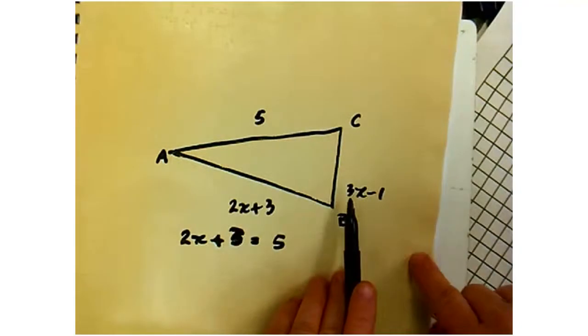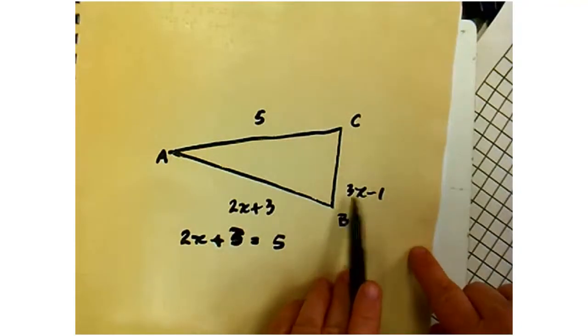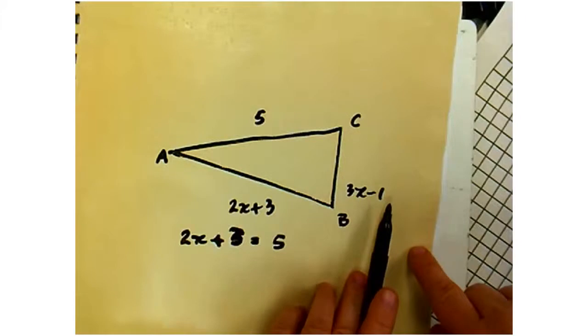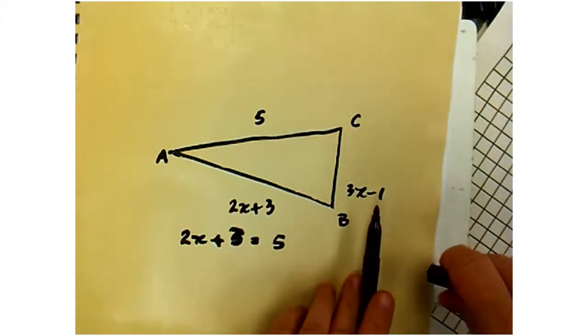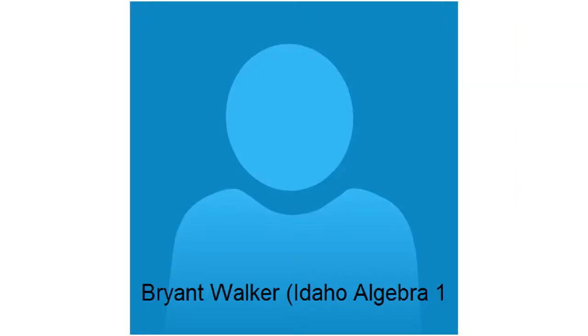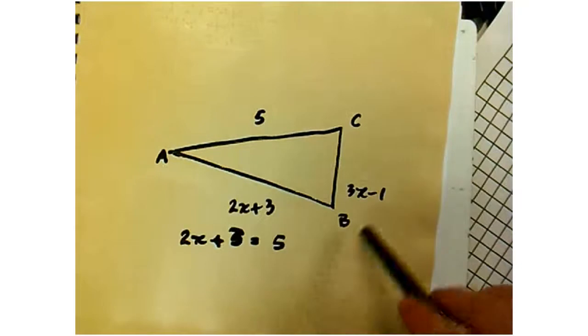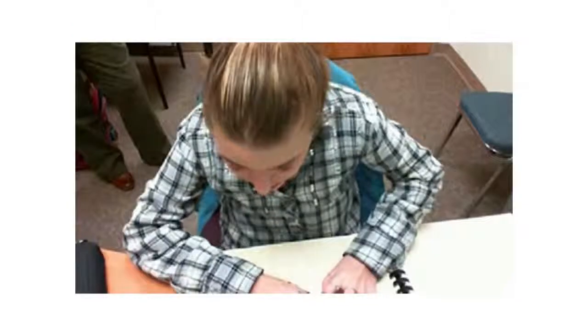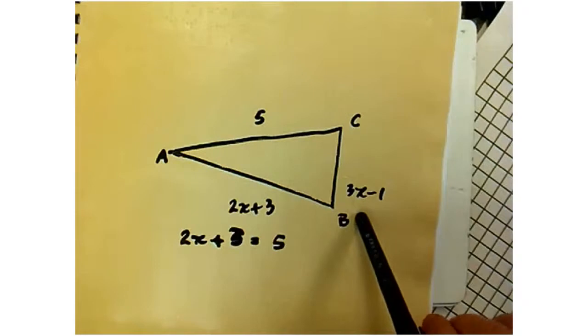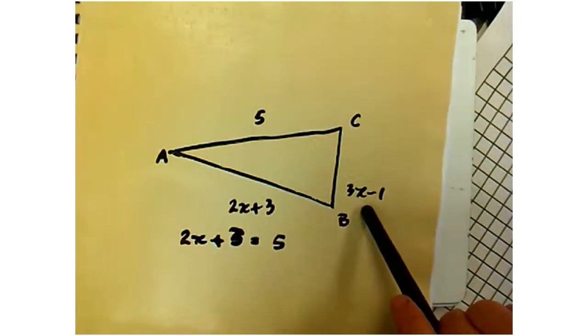So we have to go back and look at our drawing. BC is 3x minus 1. So what is BC? So if you know X is 1, what's BC? 3x minus 1. So X is 1.